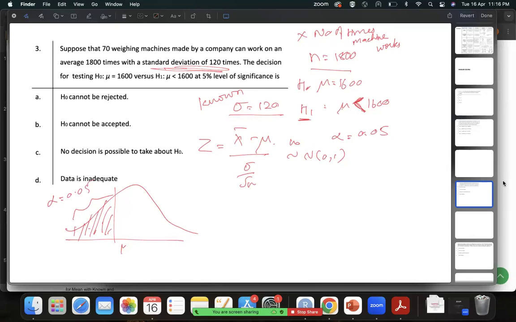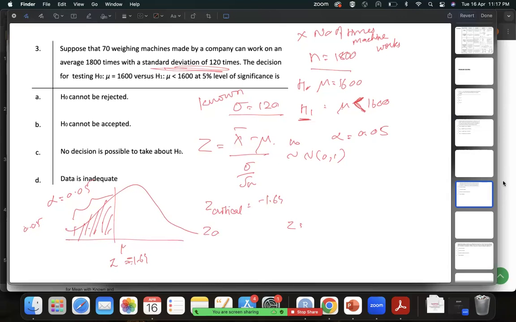You can remember that the Z statistic for 0.05 alpha, one-tailed, is minus 1.64. So your Z critical is equal to minus 1.64.